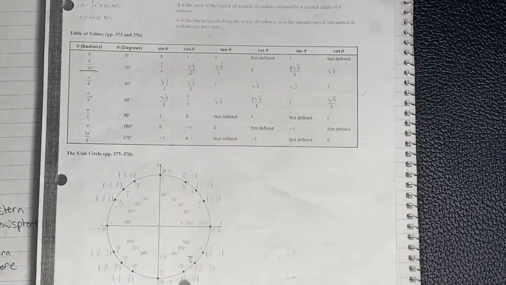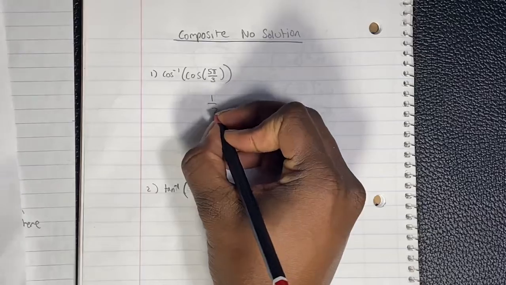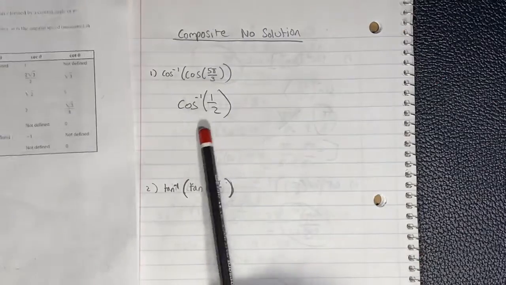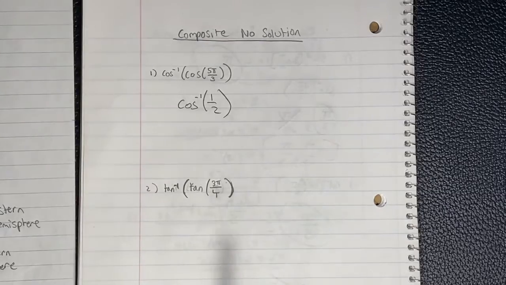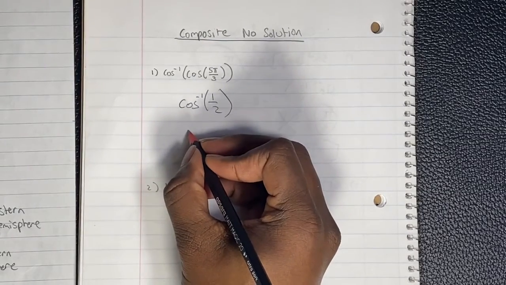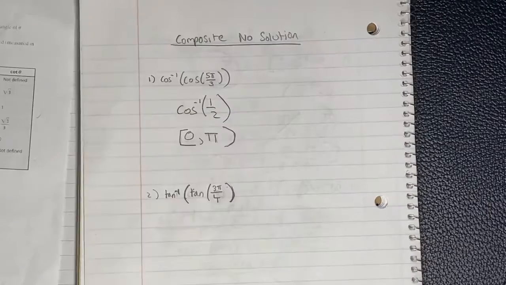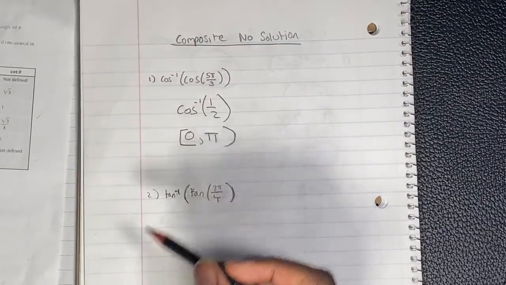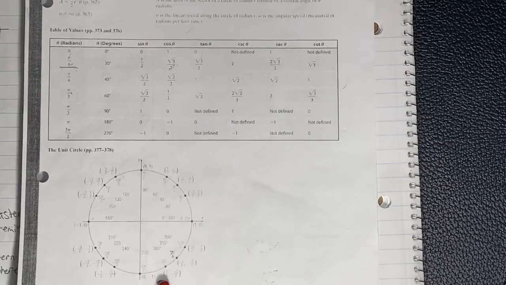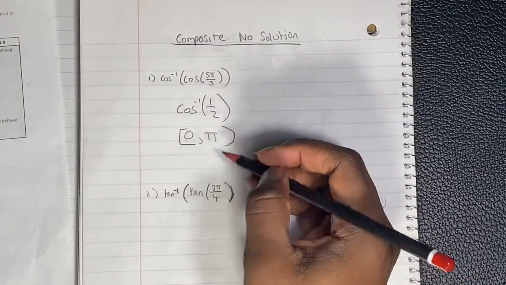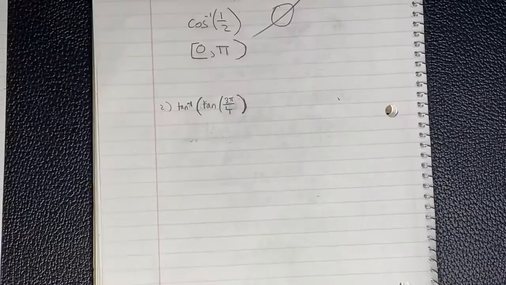The cosine of 5 pi over 3 is 1/2. The inverse cosine of 1/2. Our range is from 0 to pi. 5 pi over 3 is in the southern hemisphere of the unit circle. So, therefore, this is no solution.